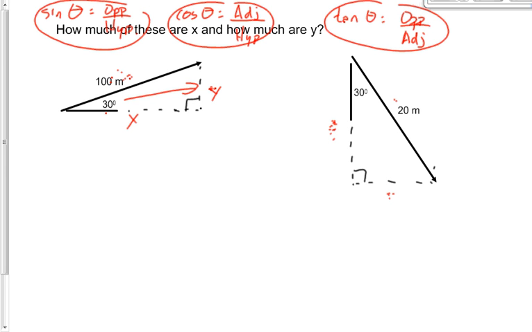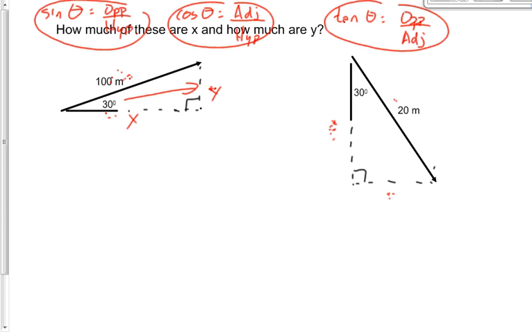If you're trying to find the x side, which side of the triangle are we looking for? Opposite or adjacent? Again, it's not hypotenuse, because the hypotenuse, we've already established, is 100. Julia? It's the adjacent side. It's the side that's touching the angle, but not the longest side.